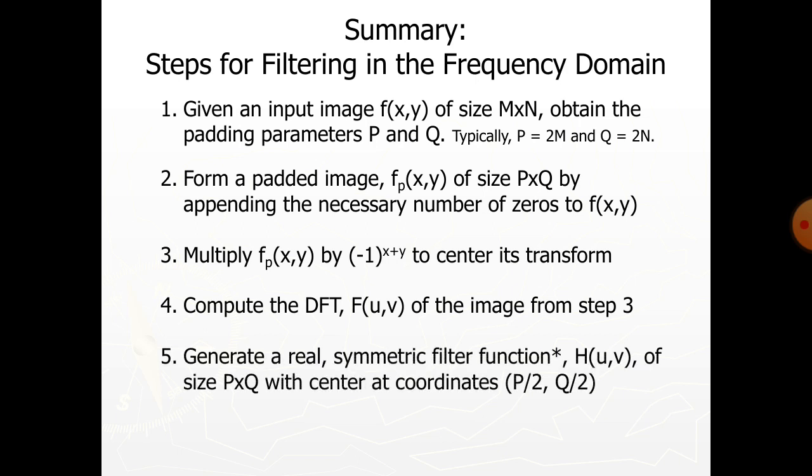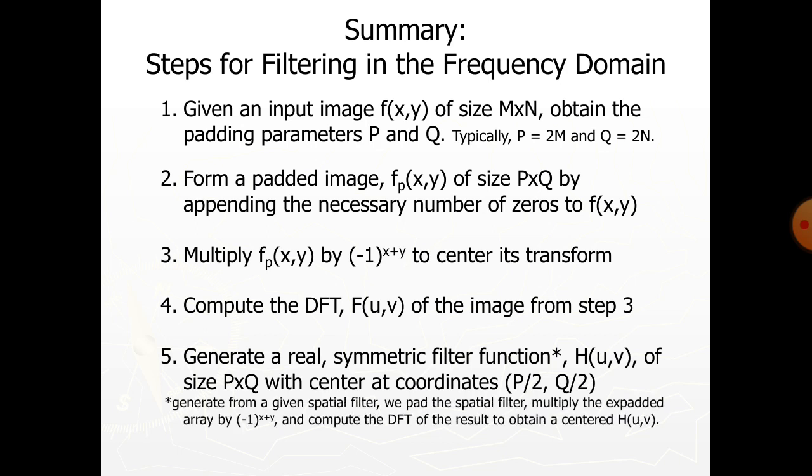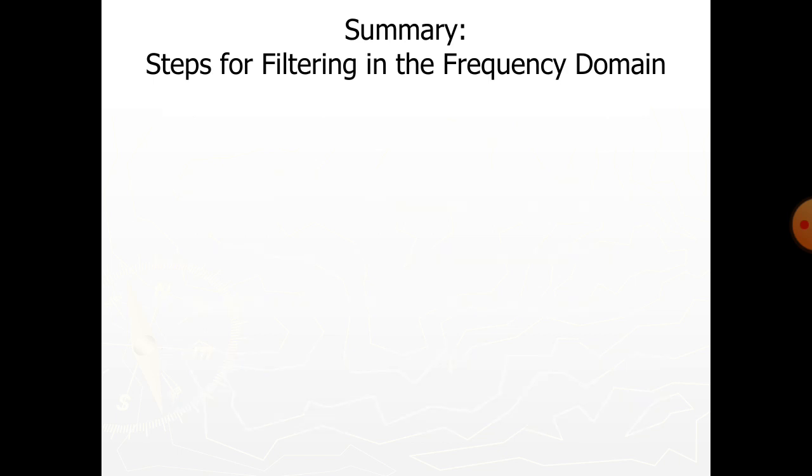Fifth, generate a real, symmetric filter function H(u,v) of size P by Q with the center at coordinates (P/2, Q/2). Here H can be generated from a given spatial filter: we pad the spatial filter, multiply the expanded array by (-1) raised to x plus y, and compute the DFT of the result to obtain the centered H(u,v).